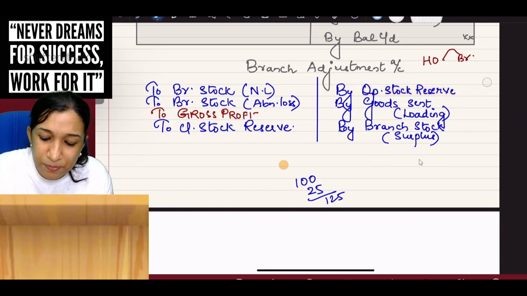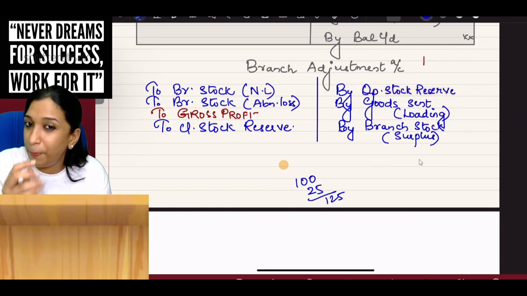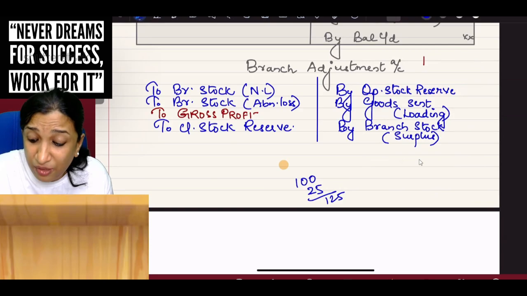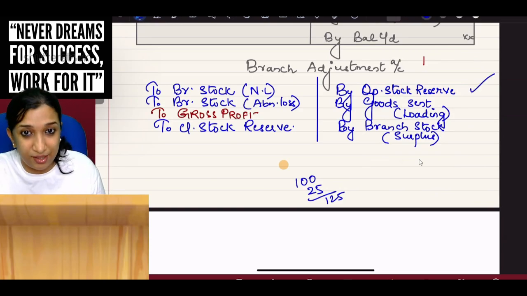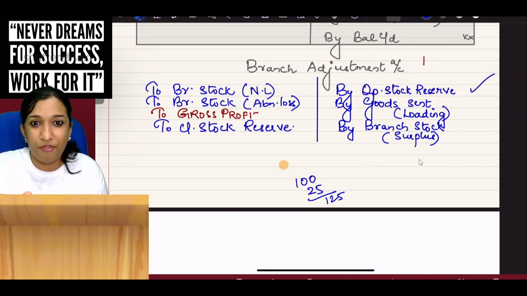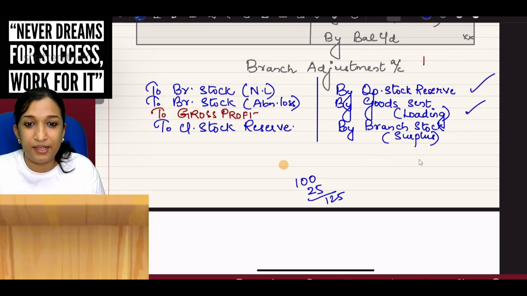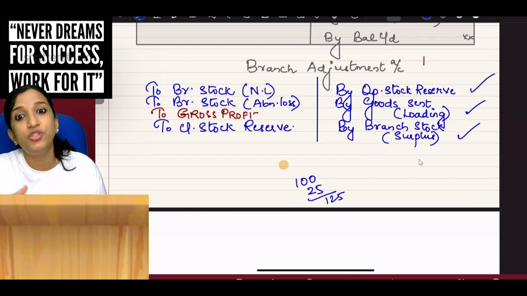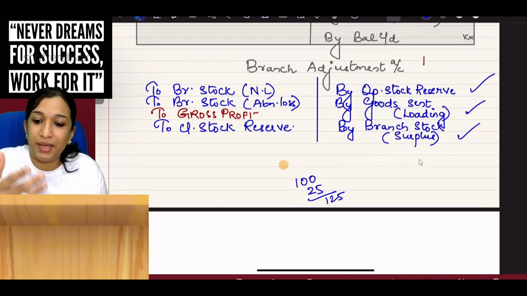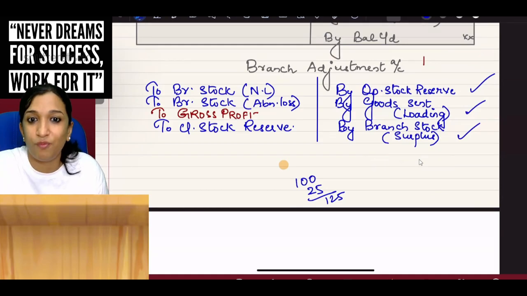The concept is, we believe that on the opening stock there was a profit element that would have been realized in the current year. On goods sent, there is a loading that would have been realized in the current year. Then the branch would have earned a profit by selling at a price higher than the invoice price.